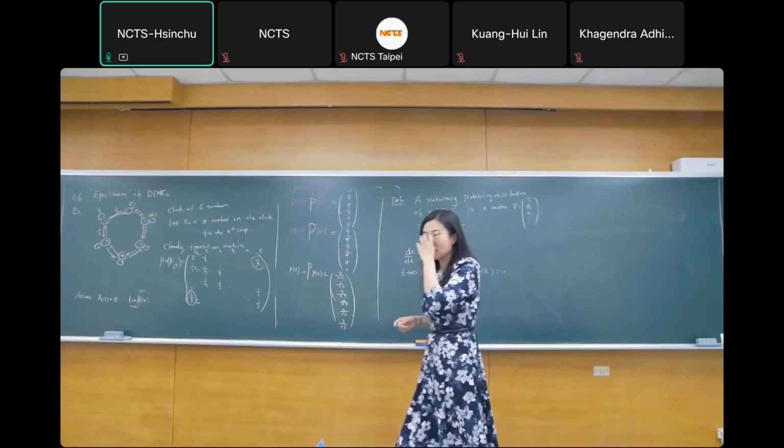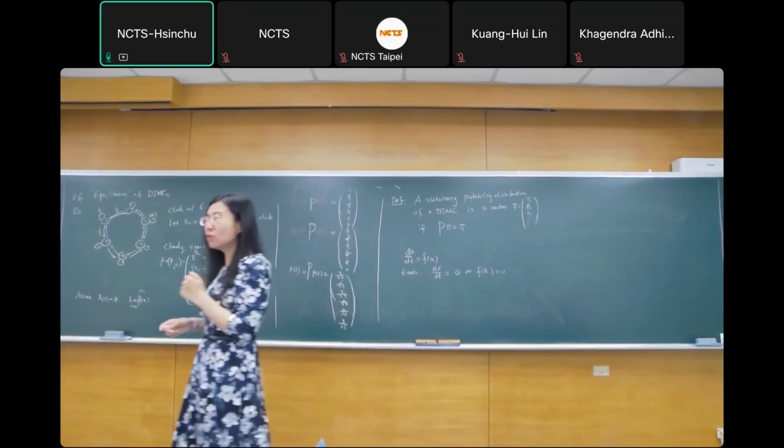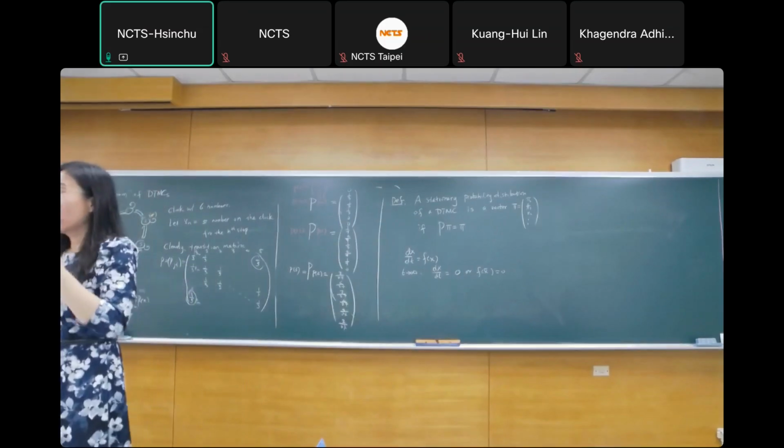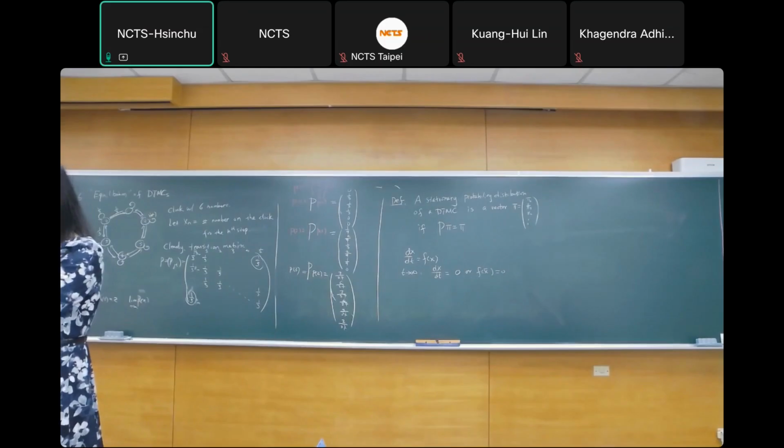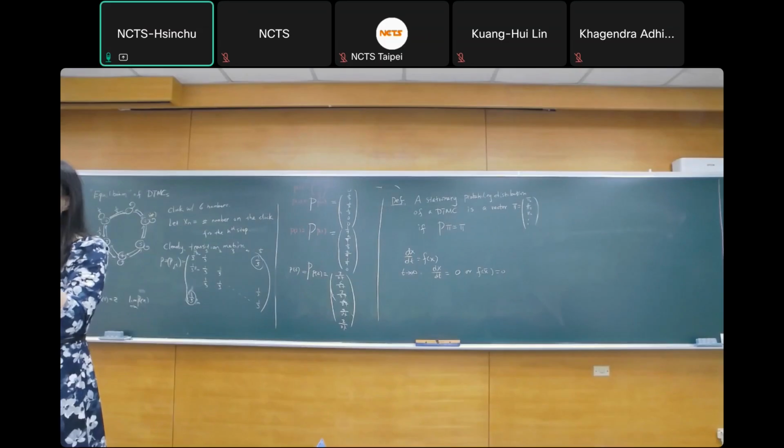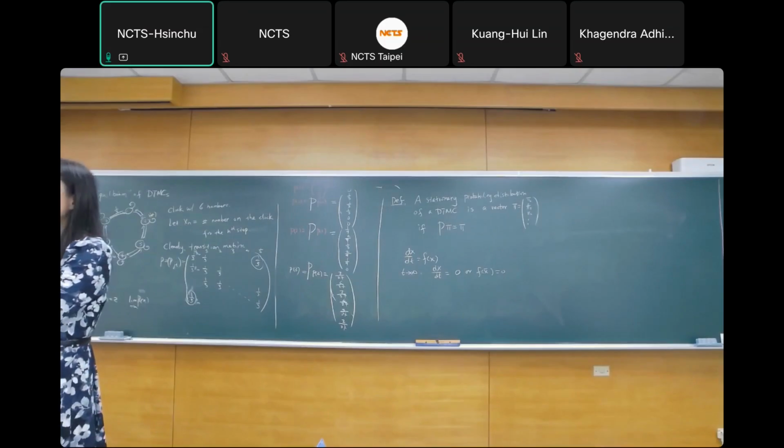And not only that, this is the probability. This is saying what? Pi, that vector, is the eigenvector of the transition matrix associated with eigenvalue 1, right? Then what's the issue? What may be the issue?